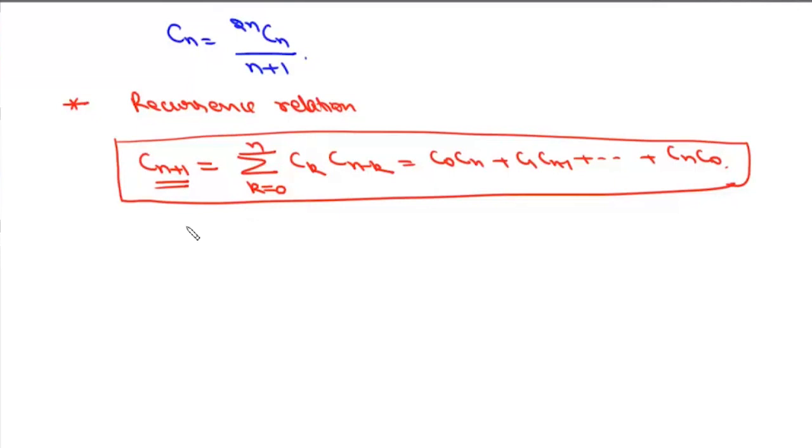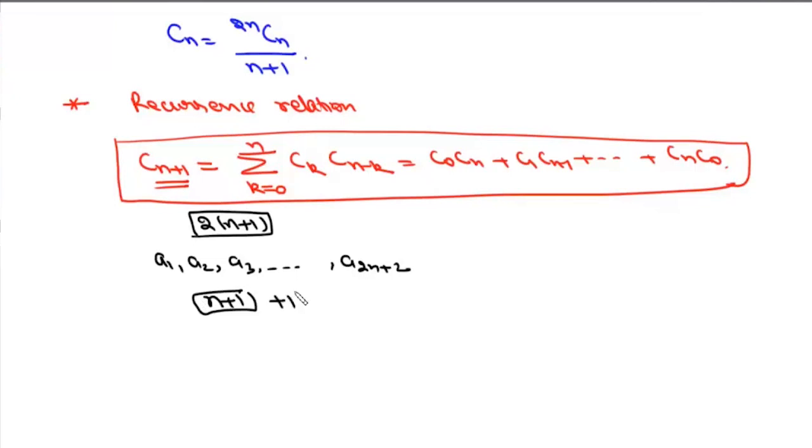So suppose now we have a sequence containing 2n plus 2 numbers, say a1, a2, a3, up to a(2n+2), containing n plus 1 plus 1s and n plus 1 minus 1s.